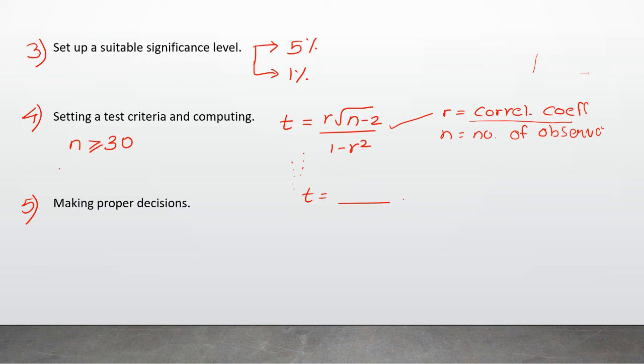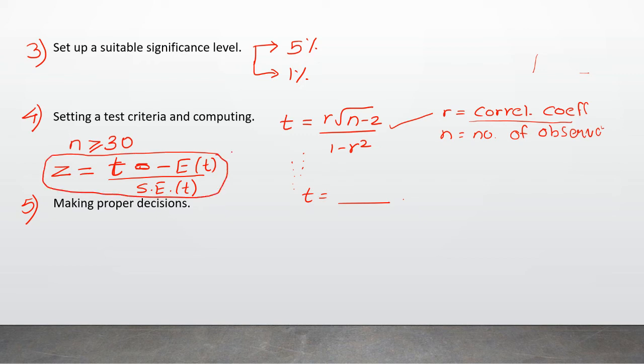In that case we have the test statistic, or the test criteria, defined to be t minus expected value of t upon standard error of t. Just keep in mind this value for now. I will explain this.